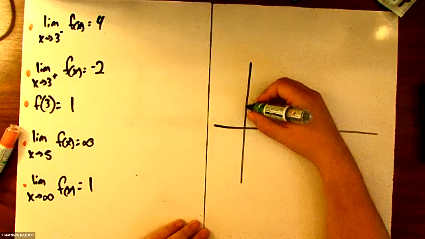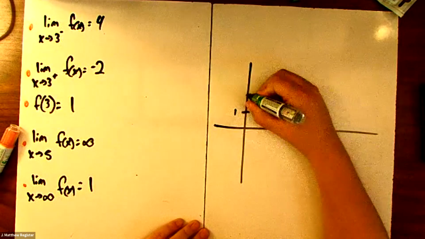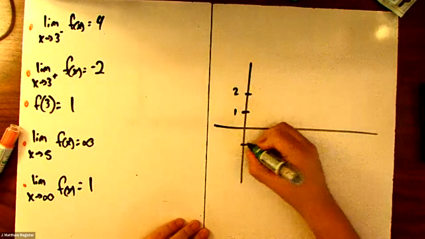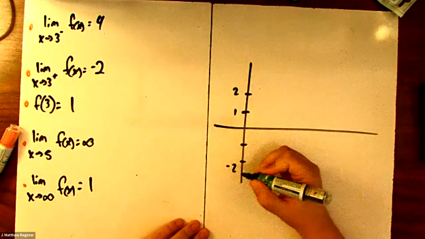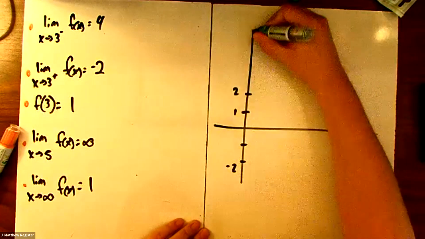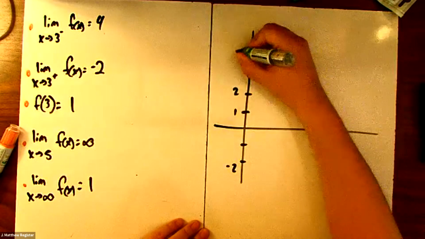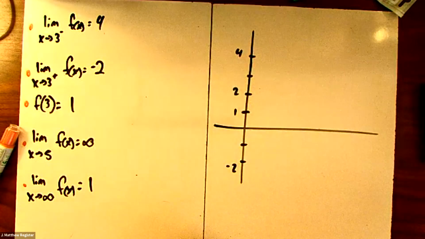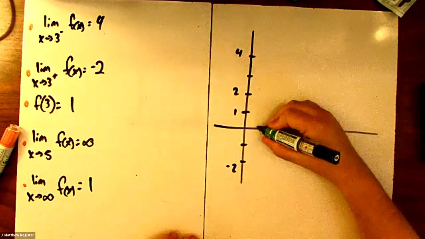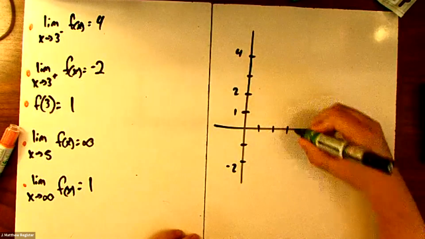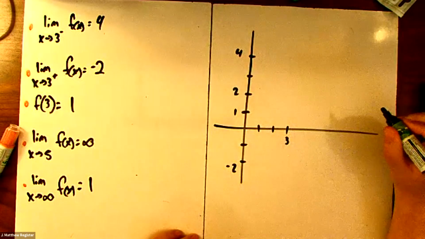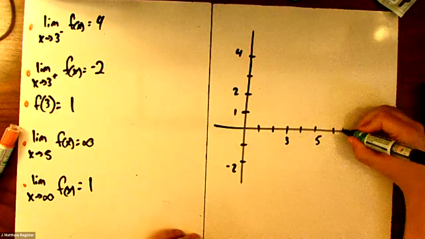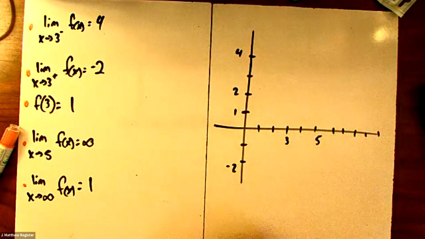Looks like some of the numbers we're going to need is we're going to need a 1. We're going to need a, let's see, -2. We're going to need a 4, 3, 4. And then for the x values, we're going to need a 3. And we're going to need a 5. Then we don't care about the rest.